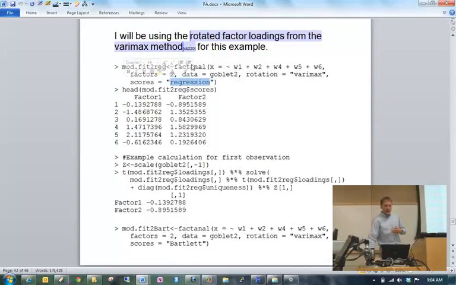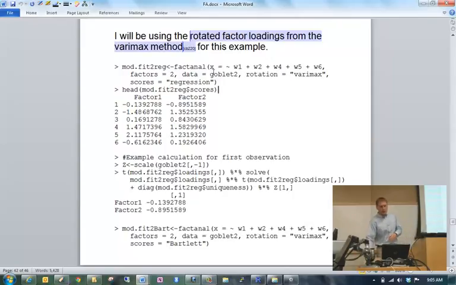When you specify that and put all the results into mod.fit2reg, the scores are put into the scores component of the mod.fit2reg object. Just a quick note before we look at these scores: we've used the fact_anl function essentially 3 times to estimate what amounts to the same model. In practice, you wouldn't do that.